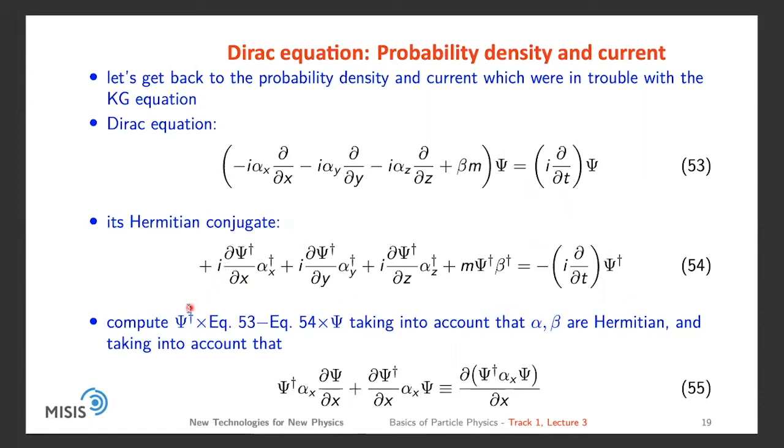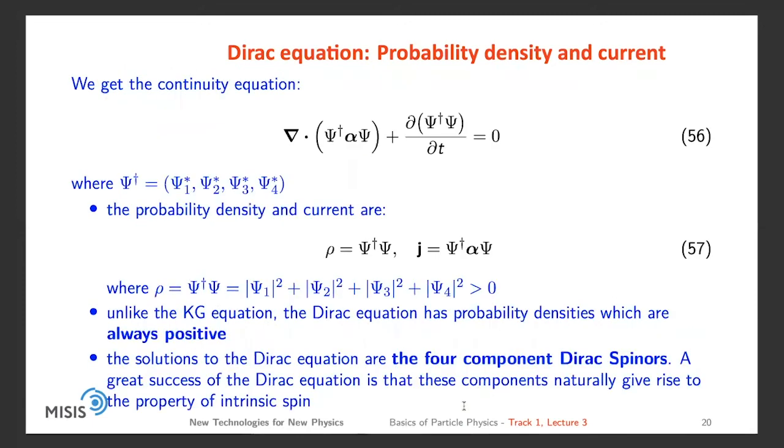What we can do again is to compute psi dagger times equation 53 minus equation 54 times psi, taking into account that alpha and beta are Hermitian, and that such an expression can be written down as the derivative of psi dagger alpha x psi over dx. From here, we get a continuity equation like this. So basically, we obtain that the probability density rho is equal to psi dagger psi, and the current is equal to psi dagger alpha psi.